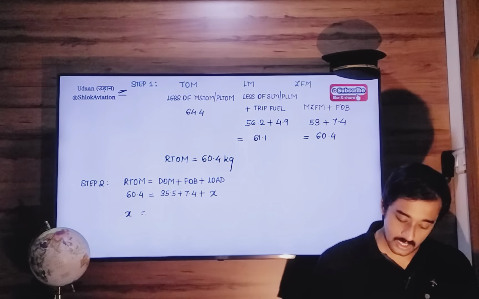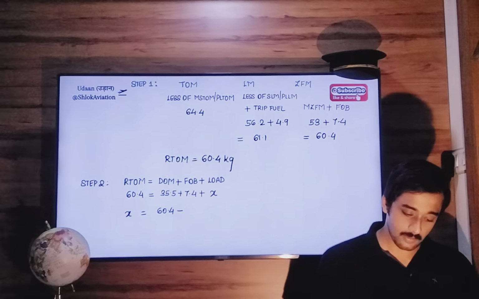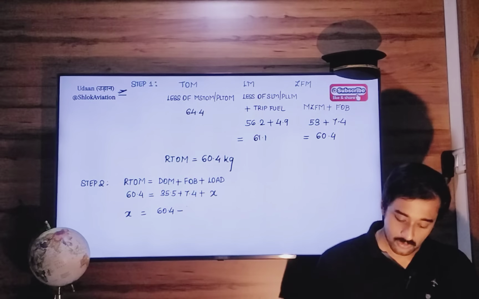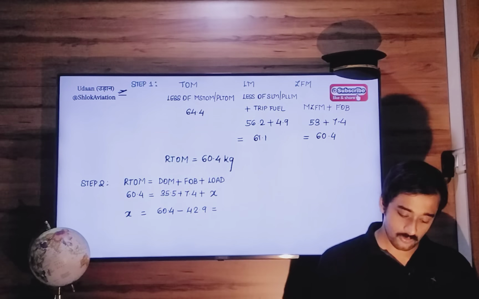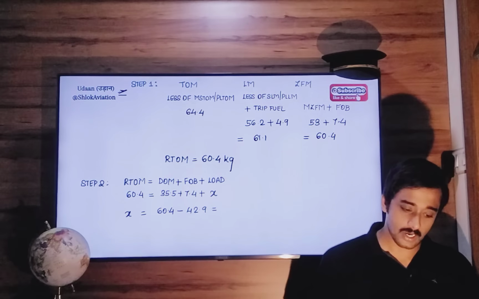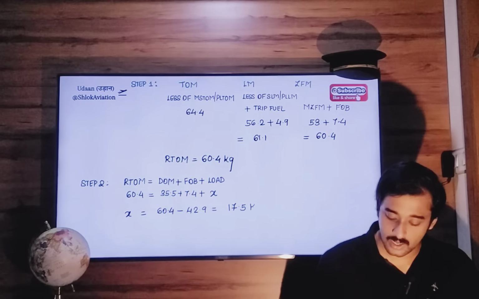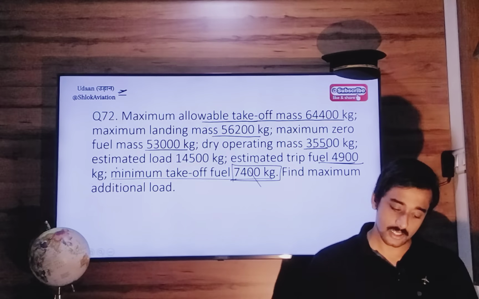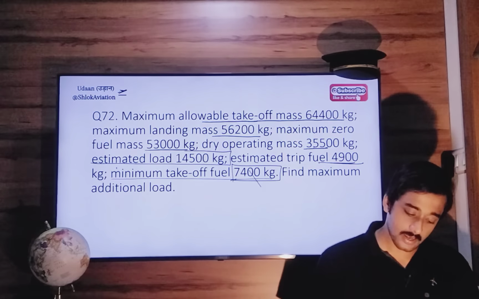So x will be 60.4 minus 35.5 plus 7.4, which is 42.9. So 60.4 minus 42.9 is 17.5. So payload equals 17,500 kg. Now what is the estimated load you are currently carrying?